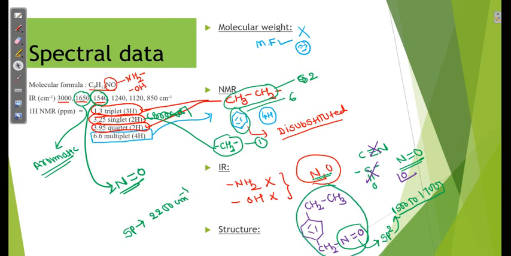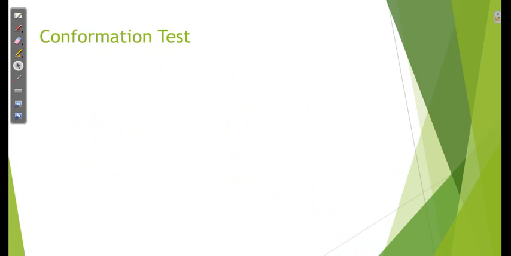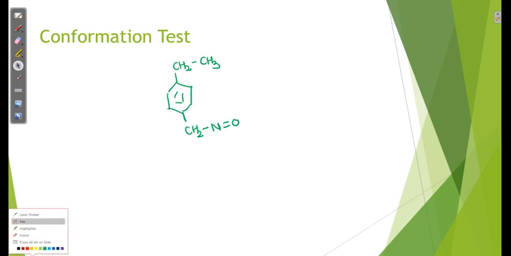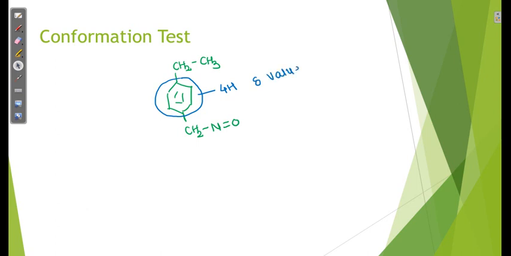Now let us discuss the confirmation test. Suppose this is our compound, CH2, CH3, and this we have taken as CH2 and O. From that I can say that yes, this has 4H with a delta value matching in NMR as well as in IR.